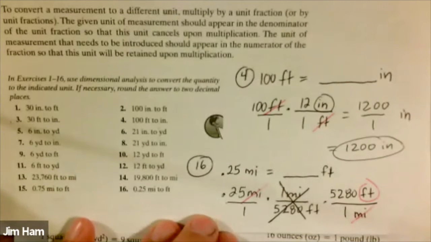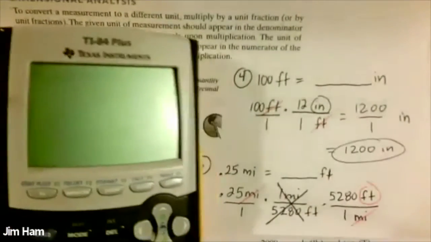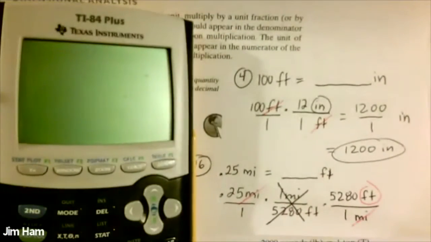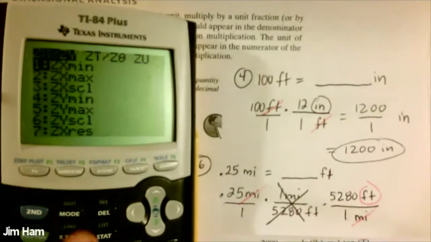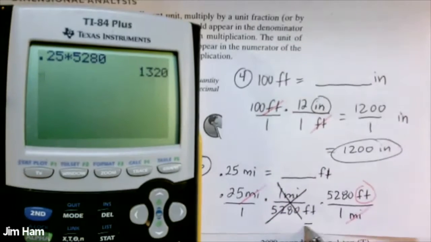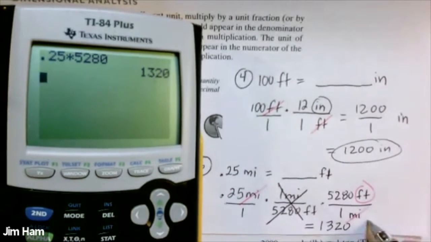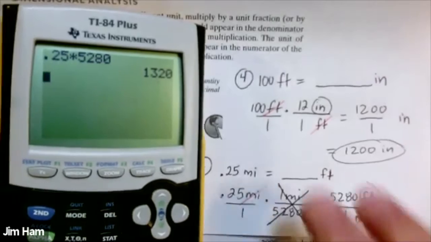So the only unit that didn't get canceled is feet, and that's going to be the unit that remains in our answer. So then all you have to do to get the rest of it is to get your calculator out and multiply 0.25 times 5,280. And so we get as the final answer 1320, and the only unit remaining is feet.